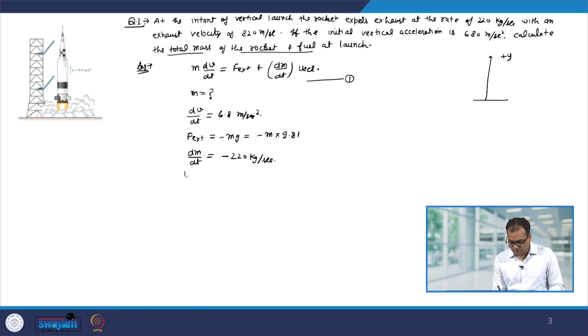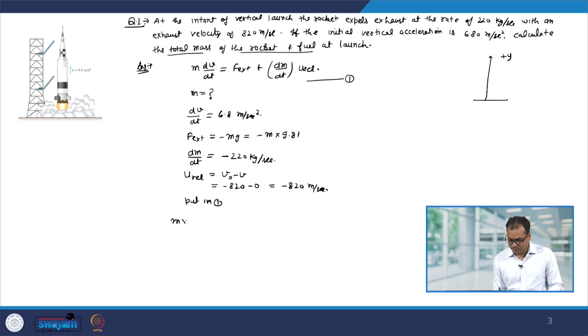Now, what is u rel? The relative velocity was v naught minus v. v naught is the velocity of the small particle, herein the exhaust, and it is in the minus y direction, so minus 820 minus v, and initially v is 0. So this becomes minus 820 meter per second. Let us put everything in equation number 1.